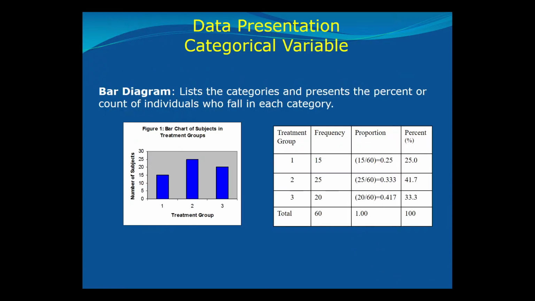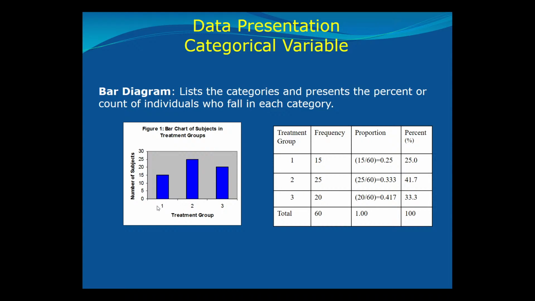For categorical variable, as usual, bar diagram is possible. Bar diagram lists the categories and presents the percent or count of individuals who fall in each category. Look at this graph. For each graph, it is necessary to type a title for the graph: bar chart of subjects in treatment groups.